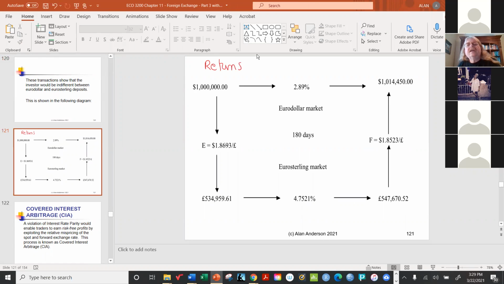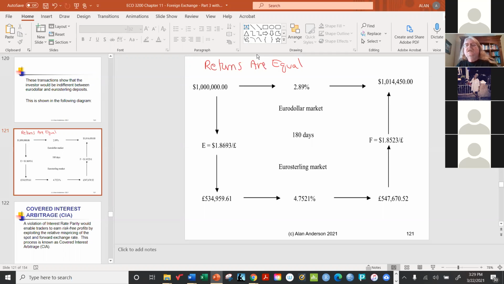So there's no borrowing here. We're assuming that we have the $1 million to start with. We can now invest it for 180 days at 2.89%, as we've already seen.